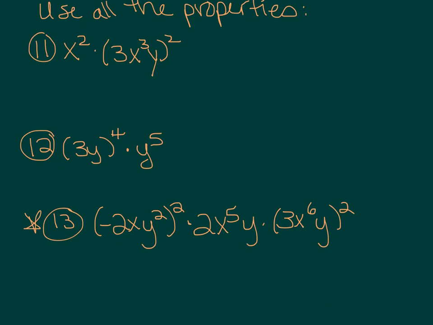Here we have 3 more problems using all 3 properties. 11 and 12 are normal problems. 13 is a sticker problem, so I'm not going to give you the answer for 13. However, if you feel like you're good at these and you have a little bit of time, you can try this once you are sure that you're good with 11 and 12, and you can show it to me tomorrow in class, and if you get it right, I will let you take a sticker.